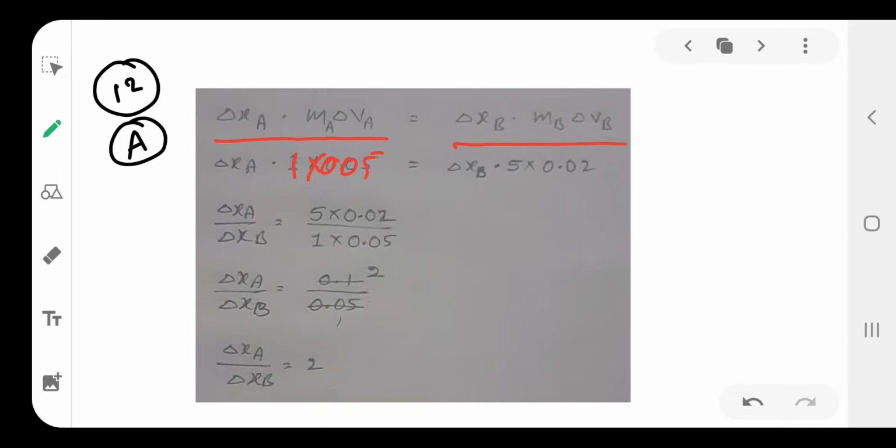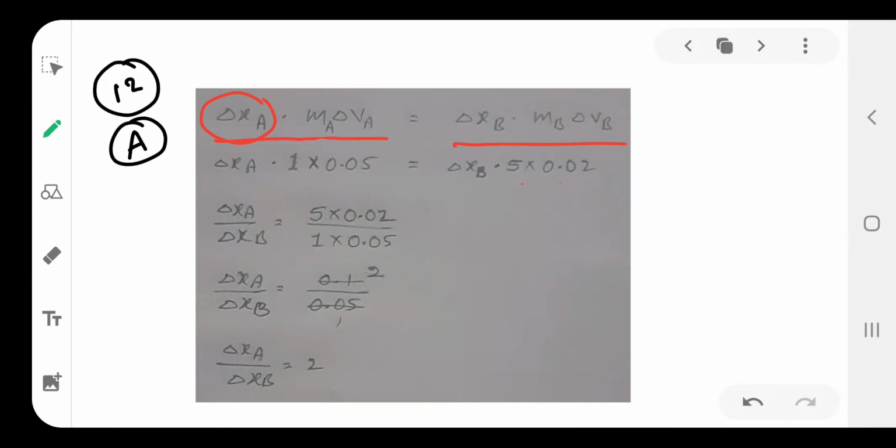The next one is delta XB, whose ratio we have to find out. MB, mass of B, is 5 times A, into the uncertainty in velocity they gave for B, 0.02.